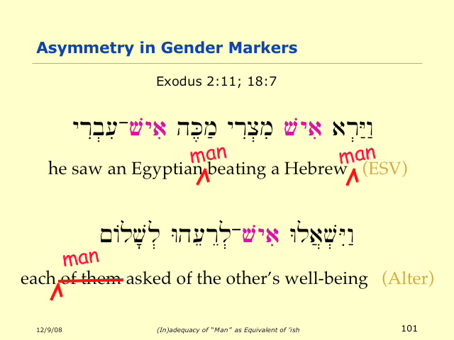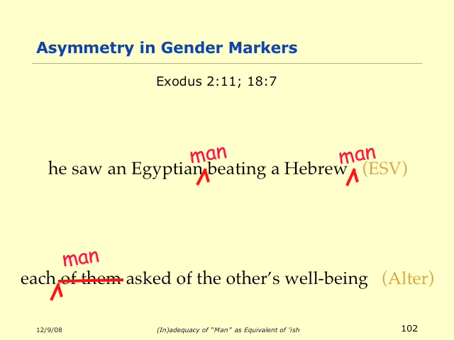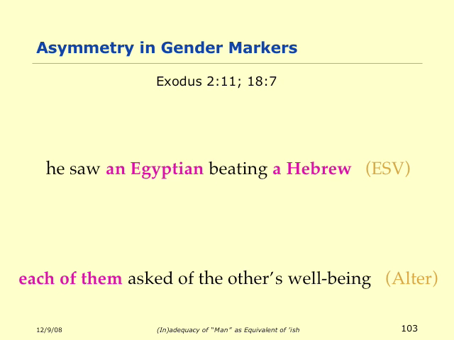Why didn't they render the party called Ish Mitzri as an Egyptian man, and the reflexive Ish as each man? The answer is that in English idiom, the gender marker is usually deployed only where the context requires an explicit mention. If gender either is already understood or is simply not germane, then the normative rendering leaves out the gender marker.